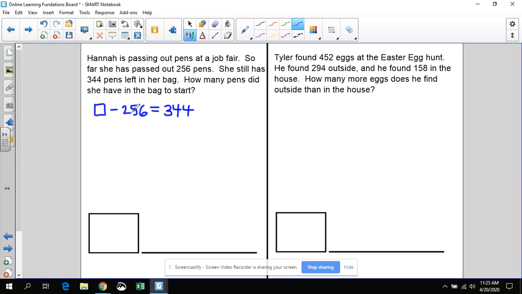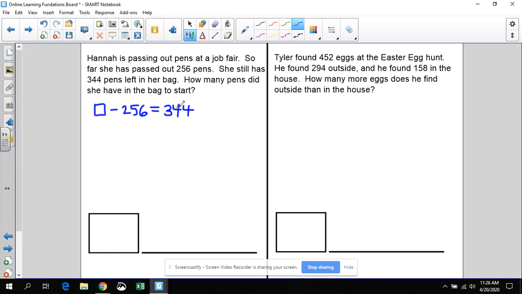Now, this horizontal equation is just so I can visualize what I need to do. I'm looking for the beginning of a subtraction problem, which means I'm looking for the biggest number, which means I need to add these two numbers. Blank minus 256 equals 344.